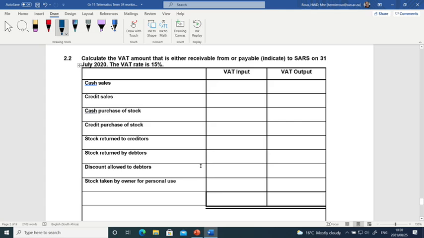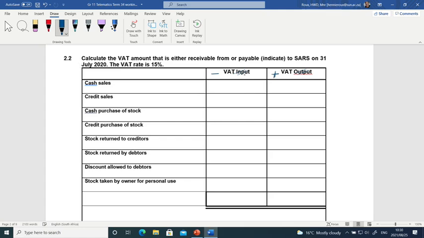cash sales, now see this as increase and decrease. So sort of ignore the input-output, because if the input decreases, we can set it off against the VAT input. If the VAT input decreases, we can set it off against the VAT output. But at the end, we want to calculate how much we owe SARS.